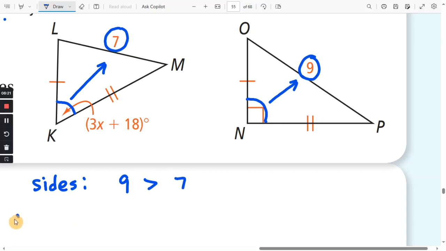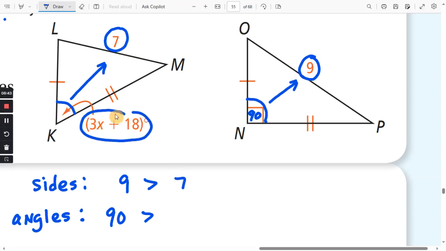All right, so for the angles, across from the 9, we have this angle, and of course, the red box indicates that it's a 90-degree angle. Keep the inequality symbol, and across from the 7 is this angle here, that is 3x plus 18.